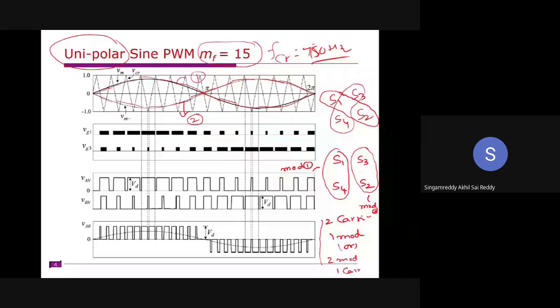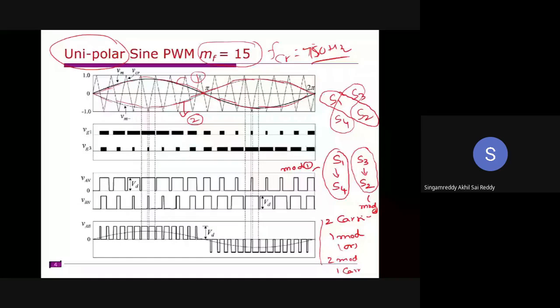In case of unipolar, S1 and S4 are controlled by one modulating signal, and S2 and S3 are controlled by another modulating signal. So each phase leg is controlled by an individual modulating signal, and those modulating signals are mirror images.